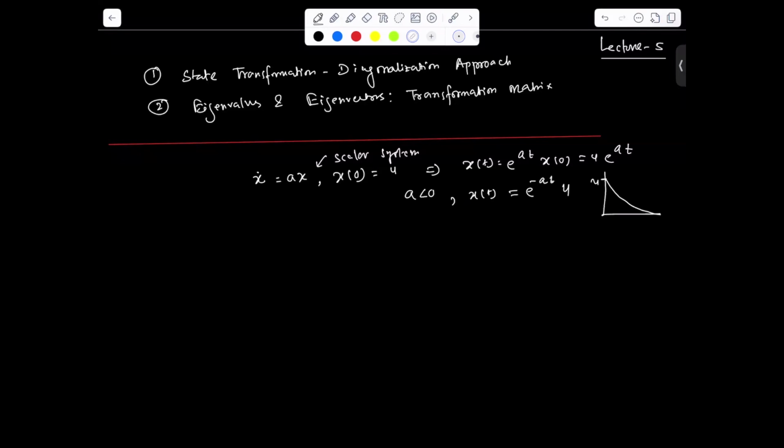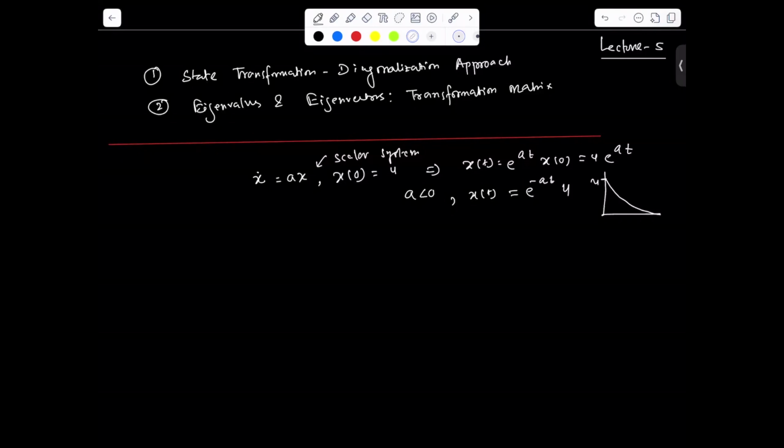The same approach will be followed in today's lecture. How can we come up with some diagonalized form of the original system, so that it will be easy for us to comment how the system is going to behave, or whether it is stable or not.